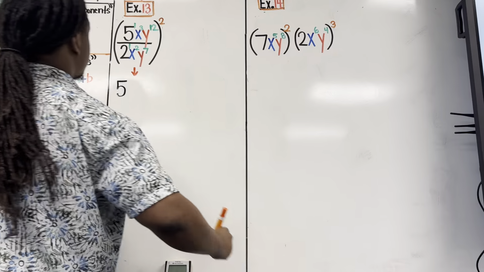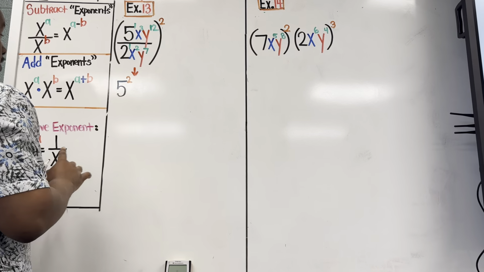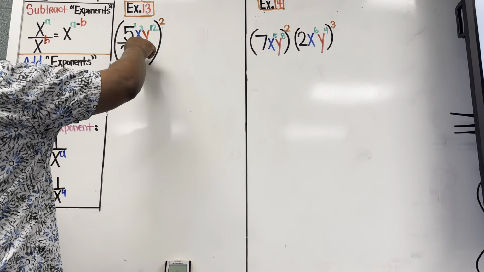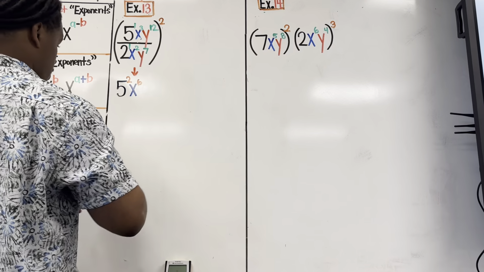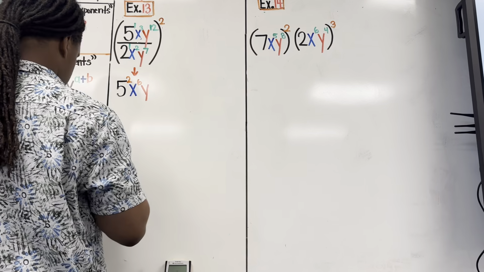Now I have x to the third power times the second power, which is 6, so it's going to be x to the 6th power, because 3 times 2 is 6. For the y, the power is 12, and 12 times 2 is 24, so that's going to be y to the 24th power.